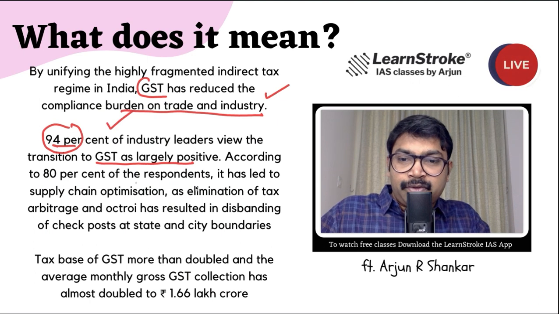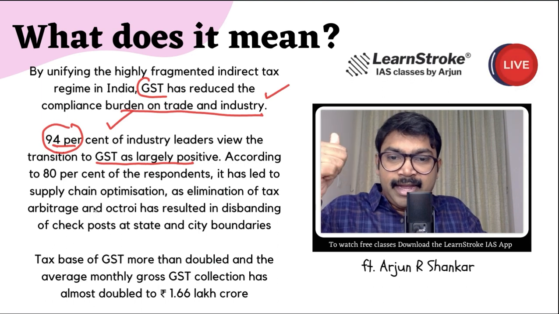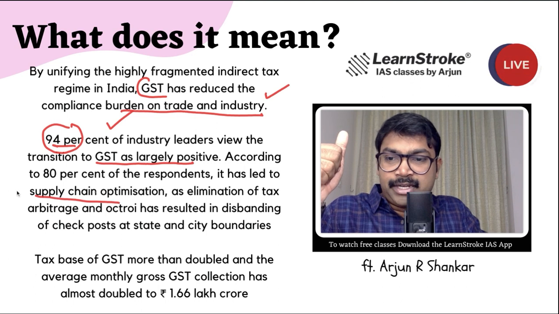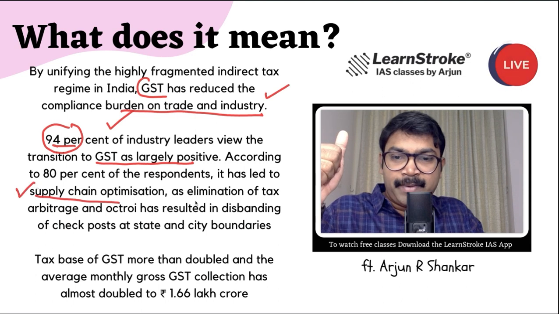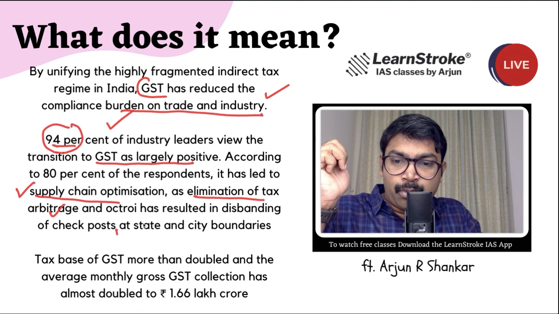According to 80% of the respondents, it has led to supply chain optimization and elimination of tax arbitrage. So GST has led to supply chain optimization. It has led to elimination of tax arbitrage and octroi, and has resulted in disbanding of check posts at state and city borders.